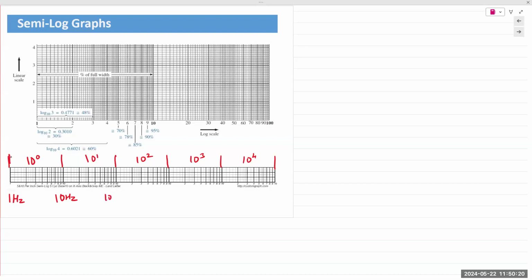So I get 100, 200, 300, 400, 500, and so on until we get 1,000, 2,000, 3,000, all the way up to 10,000. And then 20, 30, 40, 50, 60, 70, 80, 90,000 until we get to 100,000.